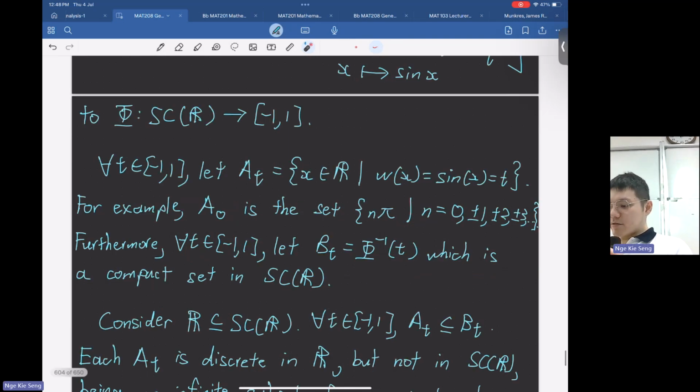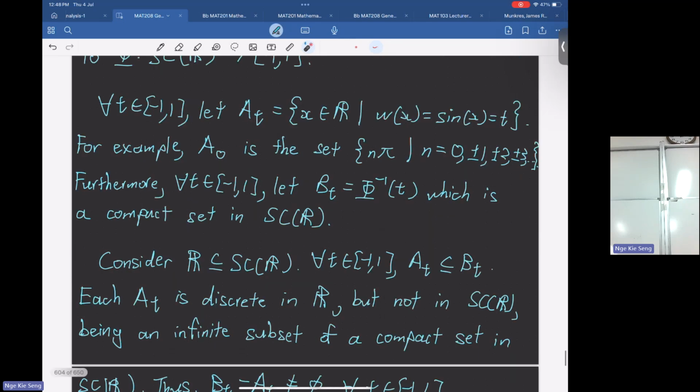And similarly, you can look at the pre-image of this extension on the Stone-Cech compactification, and compare the two inverse images. Because you know that the extension, when it restricts to X, is just the original map.